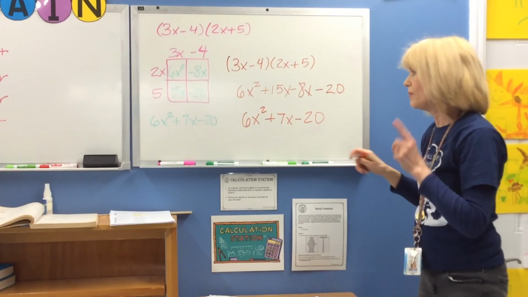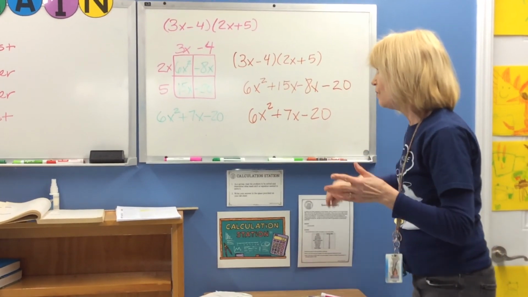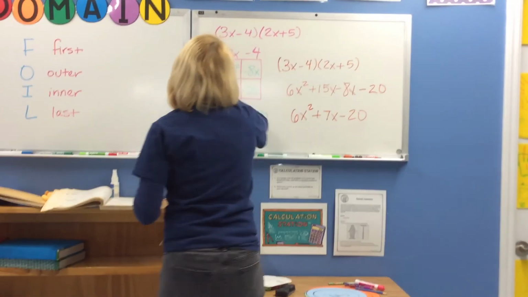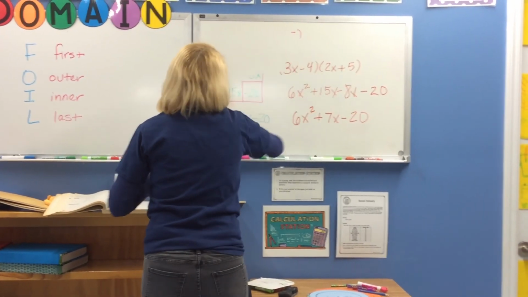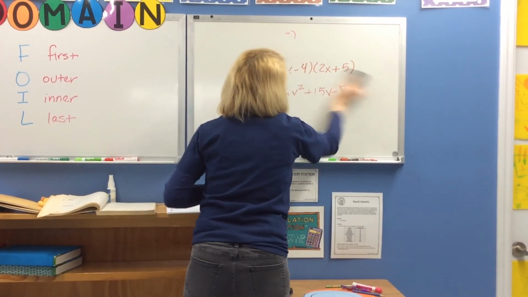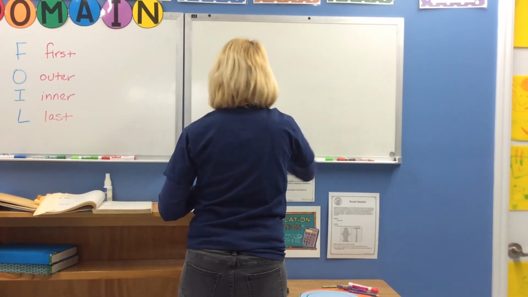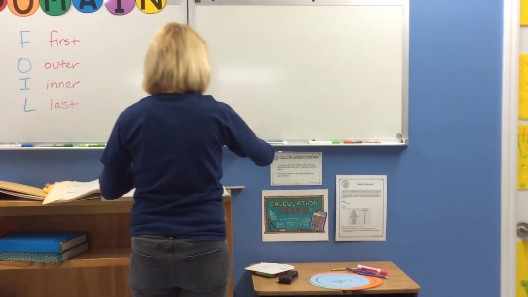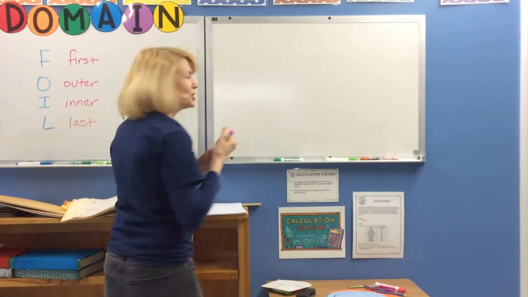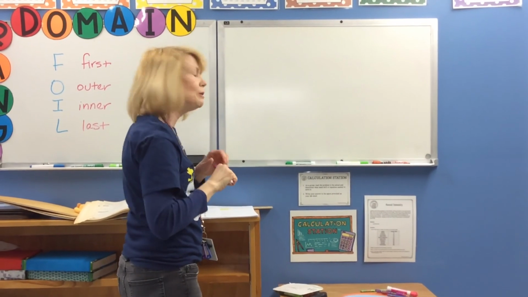And there's one more thing that you don't use FOIL for, but you'll figure it out because it's so similar to what we just did, okay? Multiplying a binomial and a trinomial.